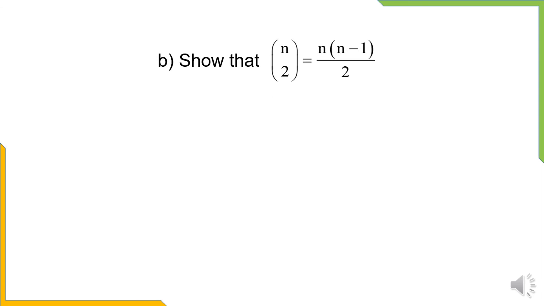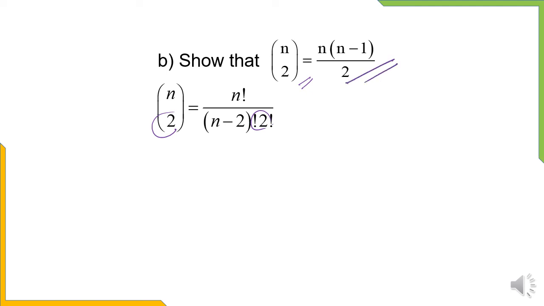And then the next question: show that n choose 2 is equal to n multiplied by (n minus 1) over 2. So we have to apply the definition of binomial coefficient. What is n choose 2? n choose 2, directly by using the formula, will be n factorial divided by (n minus 2) factorial and then 2 factorial. So what can we do to simplify into this form?